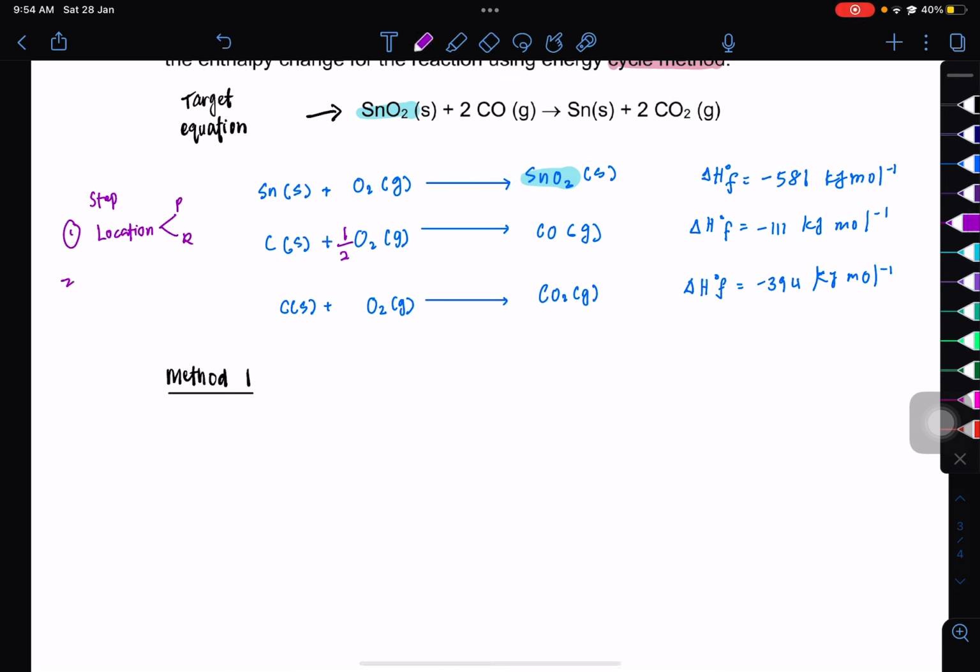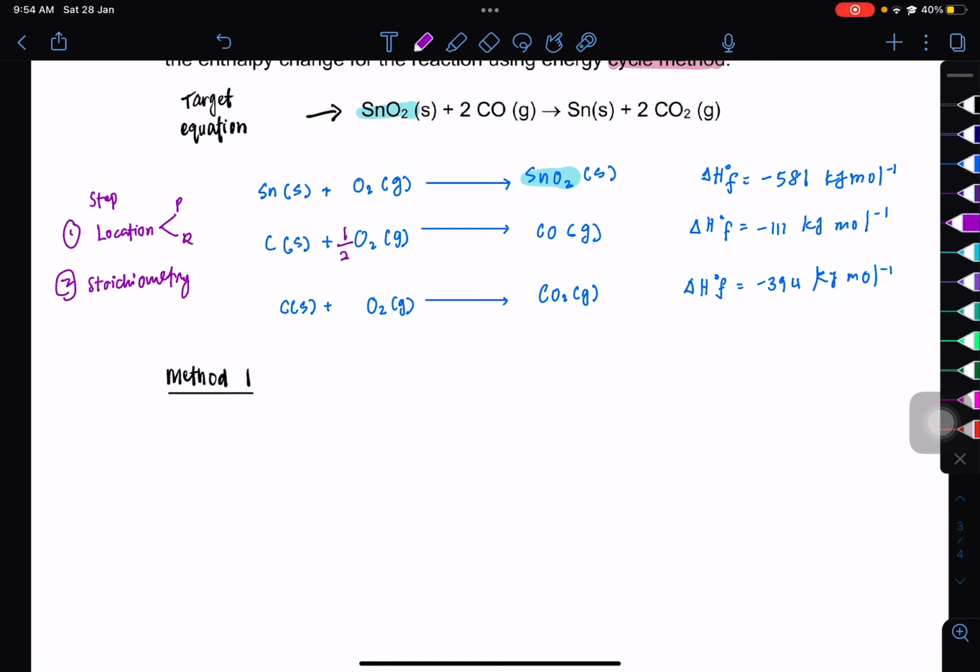The second step is stoichiometry. What is stoichiometry? For example, here it is 1, and there it is 2. Here the stoichiometry is 1 and this one is also 1, so nothing needs to change. In this case, you just swap the location.